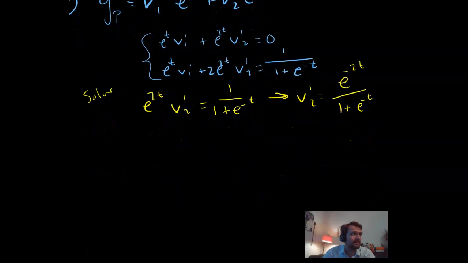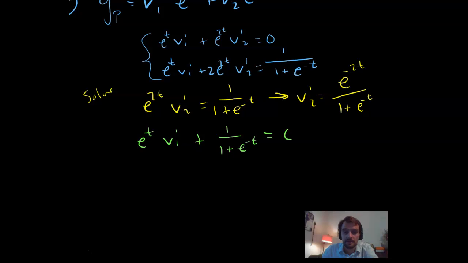All right, great. And then for v1, that's also not too far gone, since we can just plug this back into one of our equations. So let's plug it into the top. So e to the t v1 prime plus e to the 2t times v2 prime, and we already know what that is, that's 1 over 1 plus e to the negative t, and that's going to be equal to 0, right?